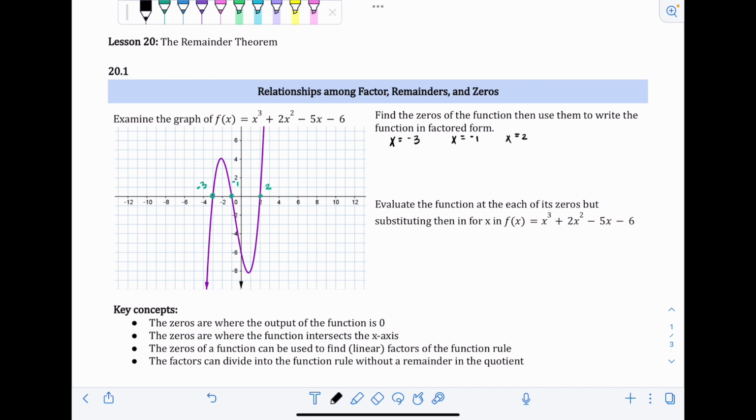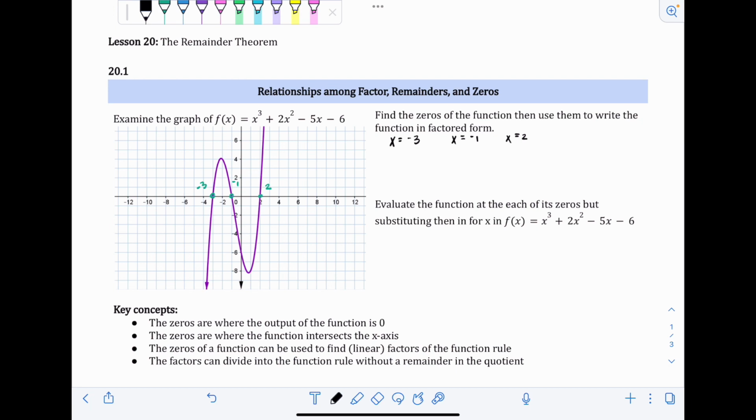And then to be able to write this in factored form, we have to think about what linear factors would create these zeros. It's always going to be kind of the opposite of what your zero is. So if ours is -3, for example, our factor would be x plus 3.